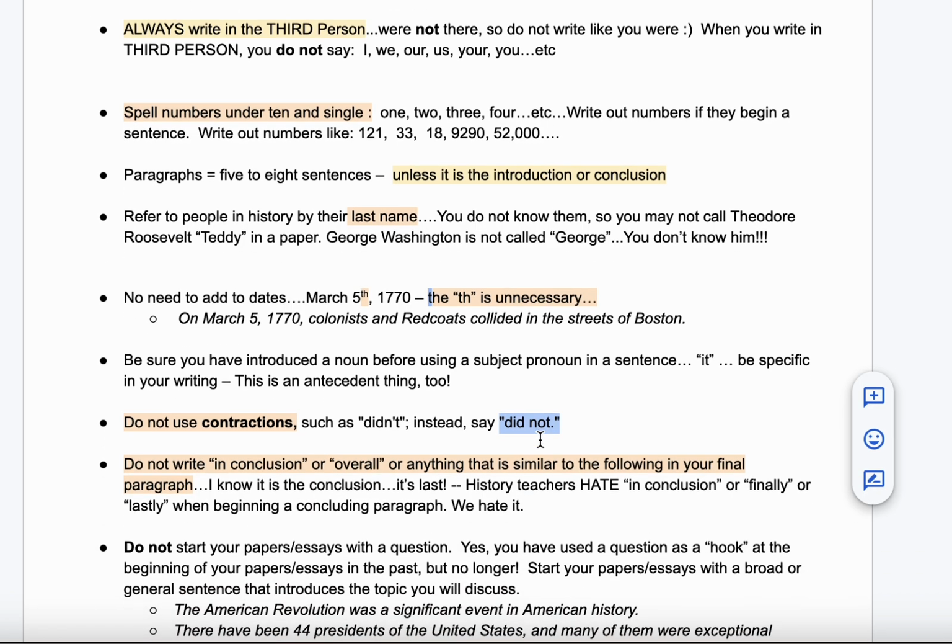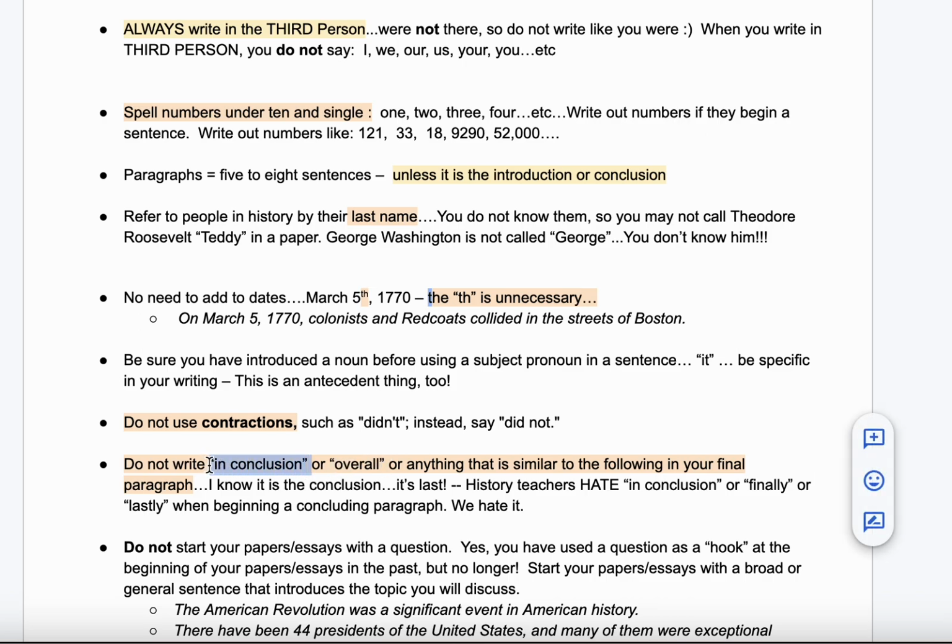All right? All right. I will throw your paper and a chair out the window if you do the following. You'll probably be sitting in the chair. Do not write in conclusion or overall. I know it's the conclusion, you goon.